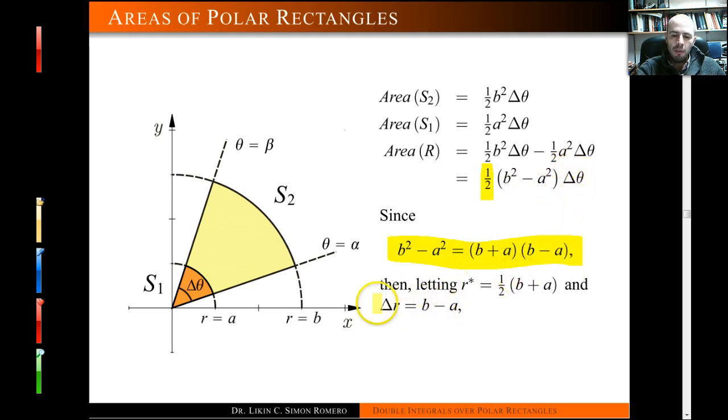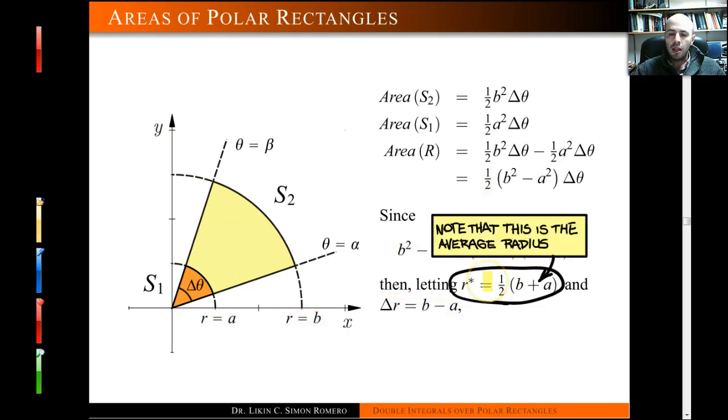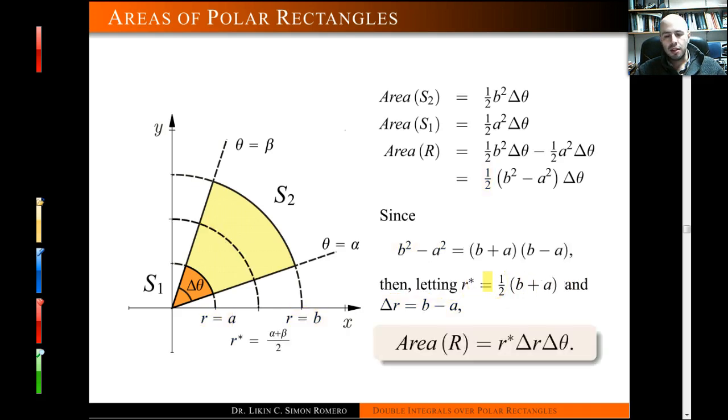Now, b minus a is actually the difference in the radius, delta r, and 1/2 (b plus a) is actually the average radius. So we're saying the area of R is equal to the average radius times delta r times delta theta. This is going to be very important, and you will see how this average radius is placed in our formula for computing double integrals.